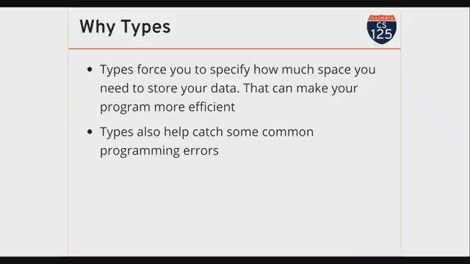It will say, oh, okay, you told me this variable was a particular type, and then you tried to do something to it that you're not allowed to do to a variable of that type, and this is a problem. And so this allows you to catch these types of mistakes.